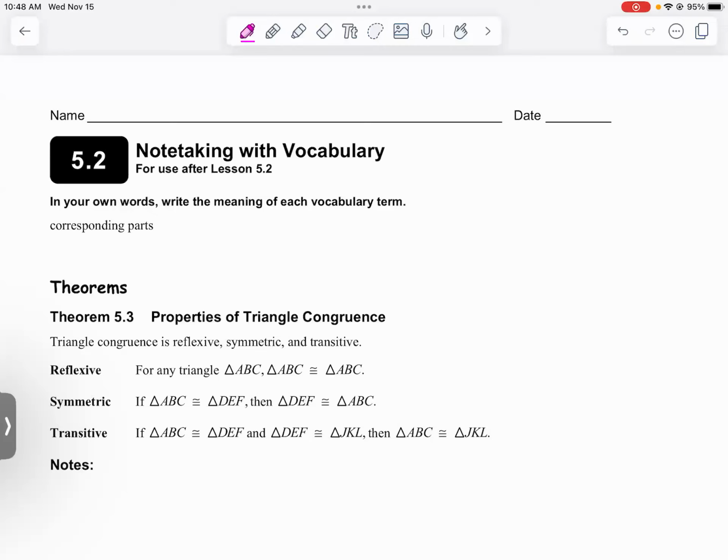Okay, so we're talking about two figures here. If I have two congruent figures, then our corresponding parts would be our matching sides, like you said, segments. And what else does a shape have?